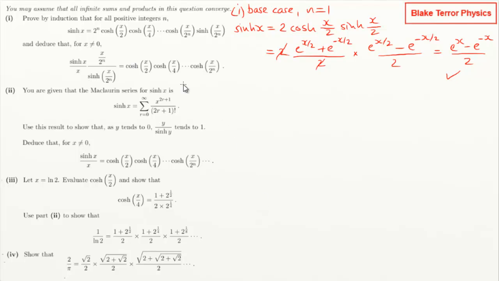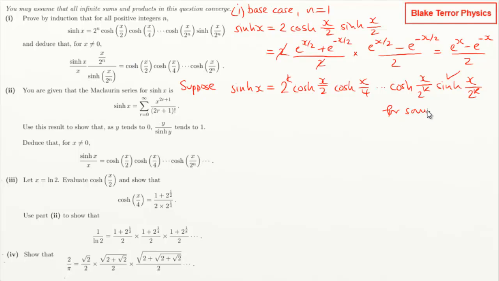Now we have to go through the usual palaver of supposing it works for k, and then showing that k plus 1 is exactly the same. So we suppose 2^k cosh(x/2) cosh(x/4) ... cosh(x/2^k) sinh(x/2^k) holds for some integer k, and we've already got that working for k equals 1, so that's okay.